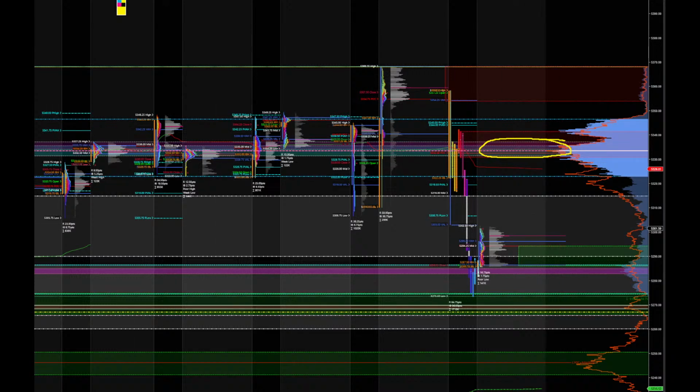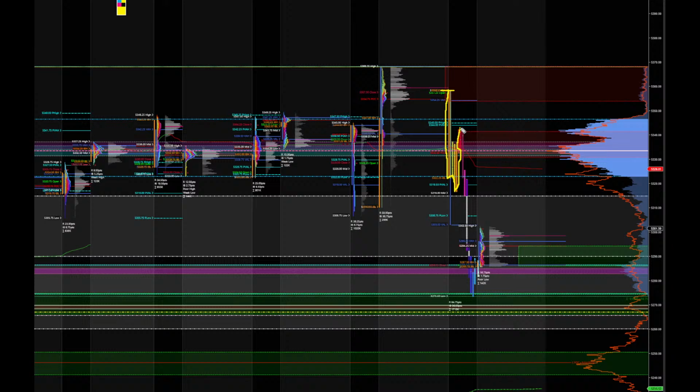Now, this is a good lesson in acceptance. Look what the market did. Market opened, pretty much an open drive lower. Came down here, bounced, and look what it tried to do.